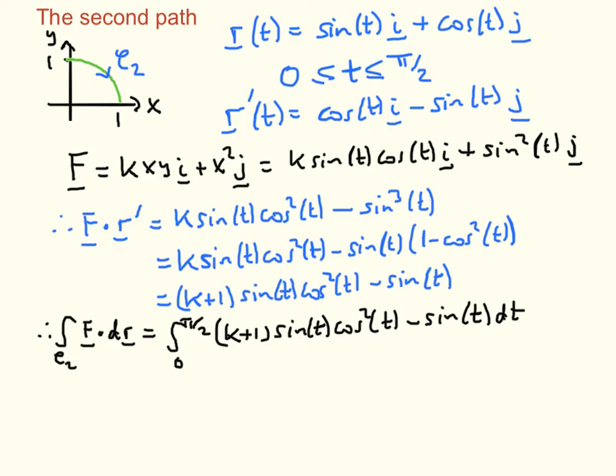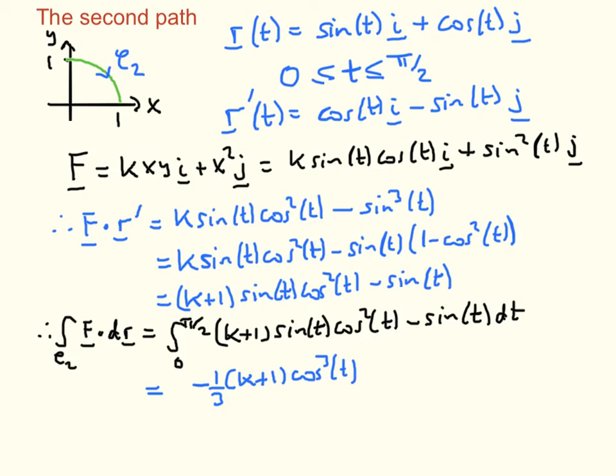We don't want the minus 3, so we're going to put a factor of minus a third in front of it. And to cut a long story short, what that tells us is we have minus 1/3 kappa plus 1 cos cubed t. And if you pause now and just differentiate this, you can see that it reduces to this, so the integral has been carried out correctly.